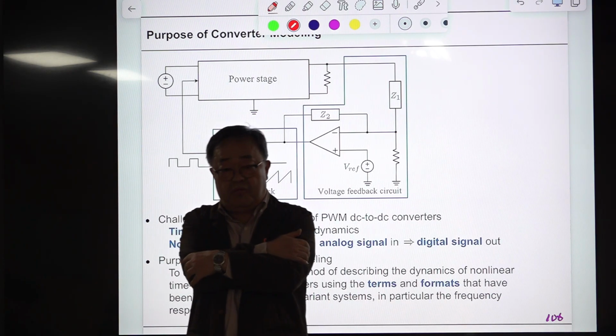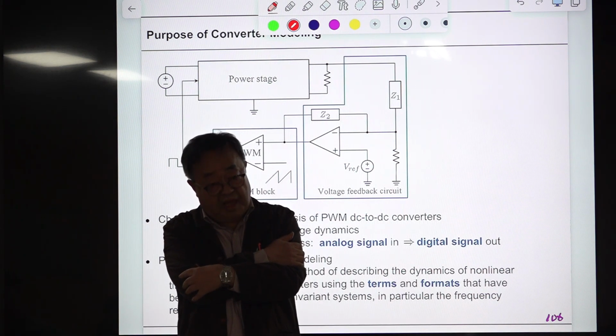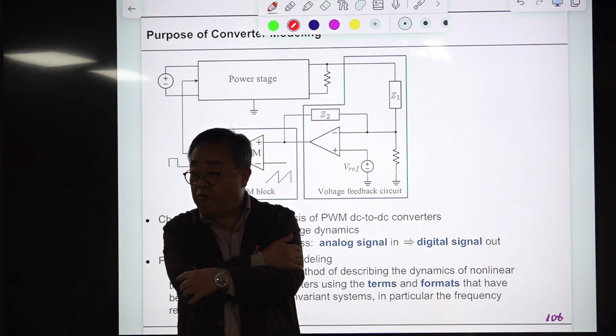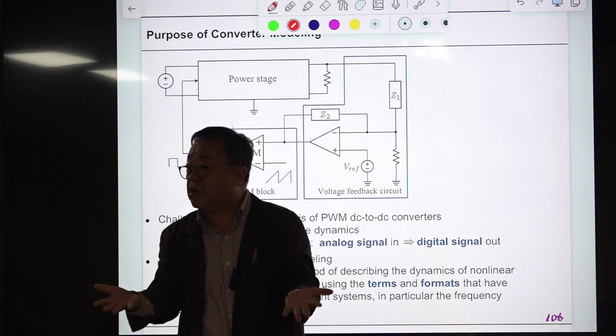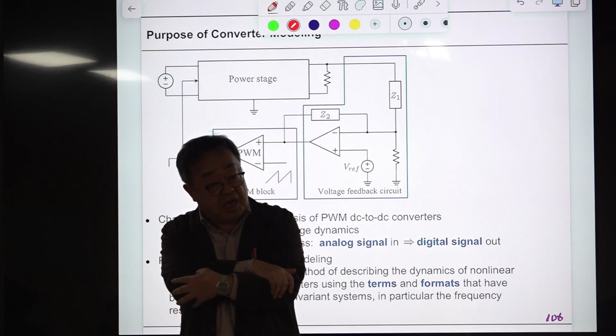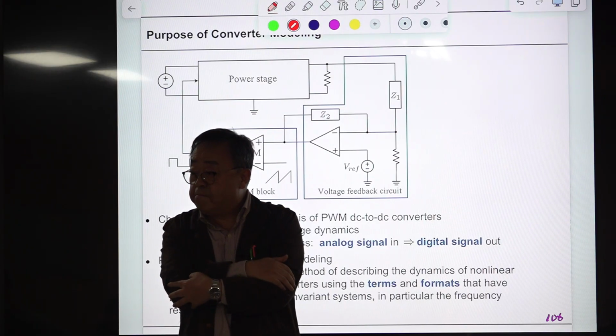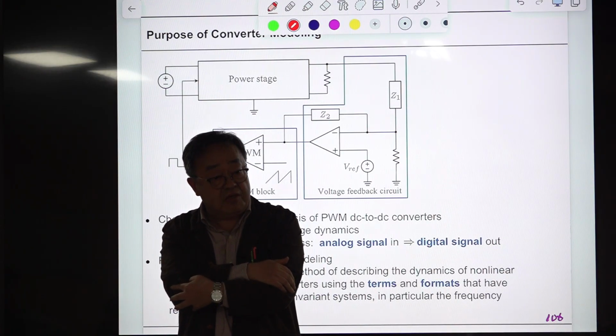Then the PWM converter should be modified in some sense. That is the modeling, and that is our purpose of the modeling. If you come up with the final model of the PWM converter, you treat it as a linear time invariant system, and you use all the existing knowledge you learned in your undergrad.